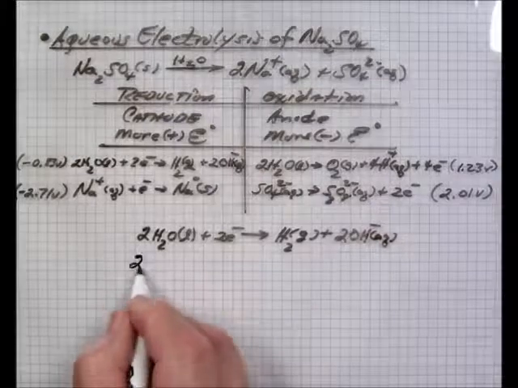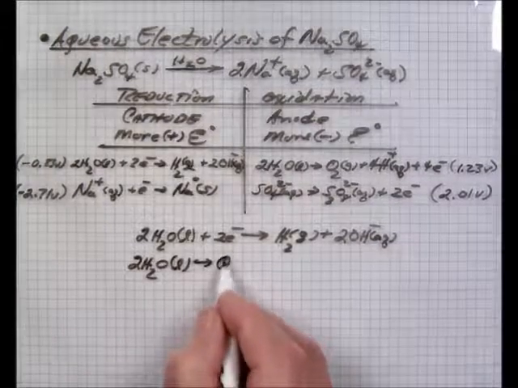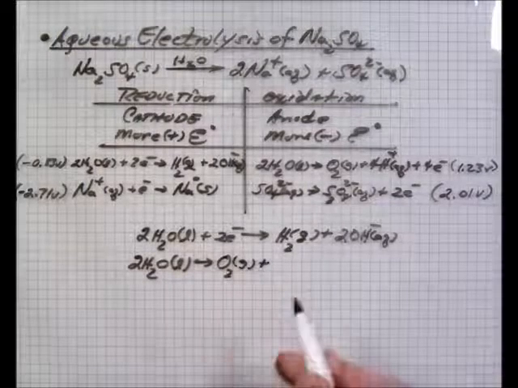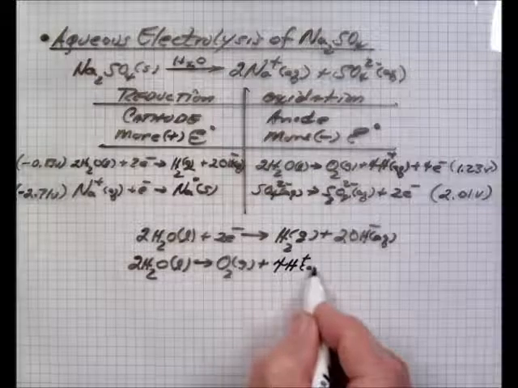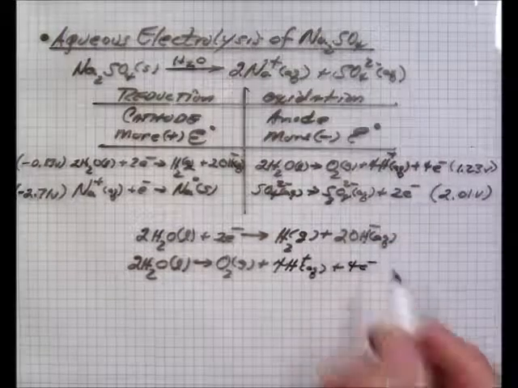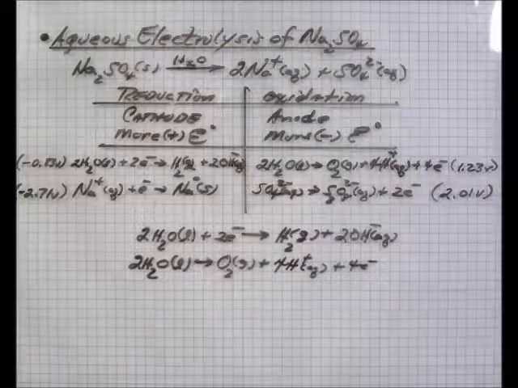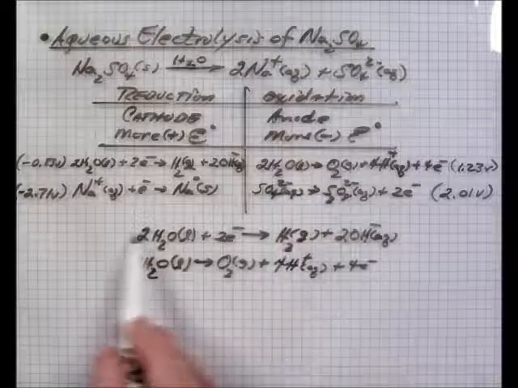Then 2H2O liquid goes to O2 as a gas, plus 4H plus aqueous, plus 4 electrons. Now, of course, the reactions do not have a charge balance, so we need to double this reaction here.